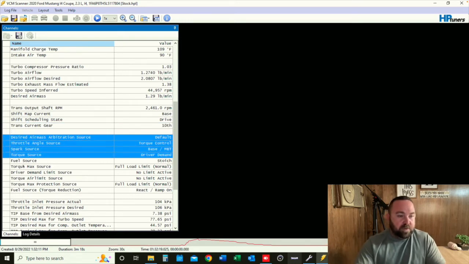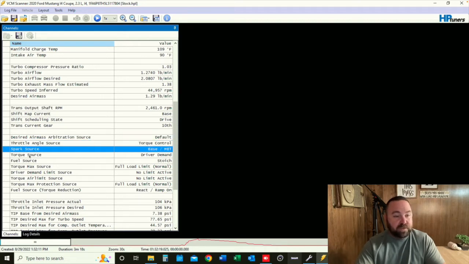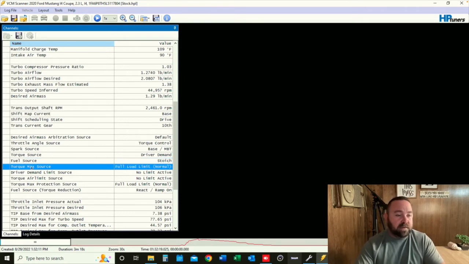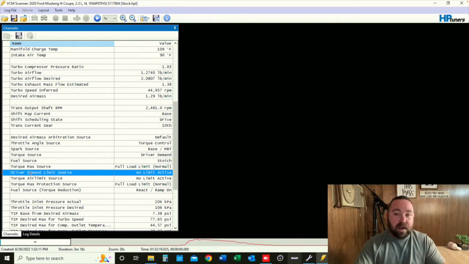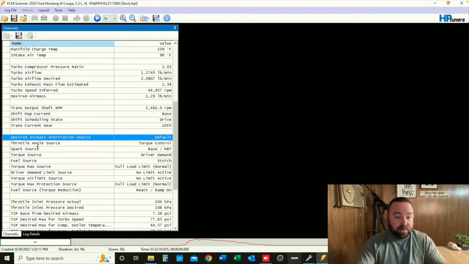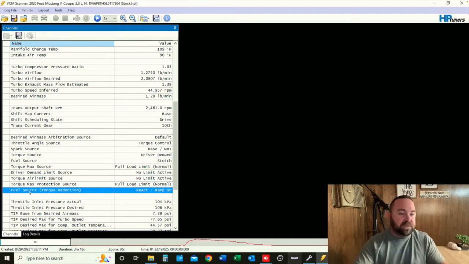These are all limiters and sources right here. So these will tell you what's controlling the desired air mass, what's controlling the actual throttle angle, the spark source, the torque source, the fuel commanded source, the next maximum that it's about to hit, the driver demand limiter source, the torque air limit source, which is another one of these airflow limiters, and the protection source, which one it's going to go to next to try to protect the engine.